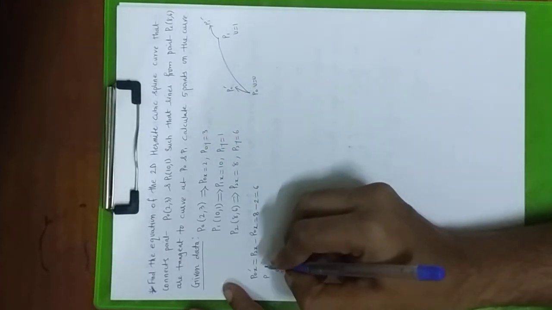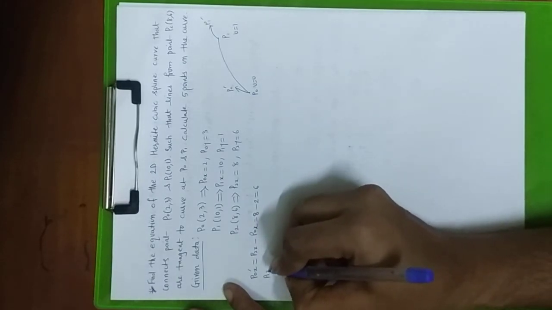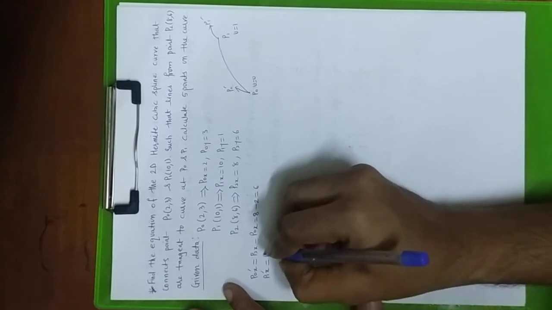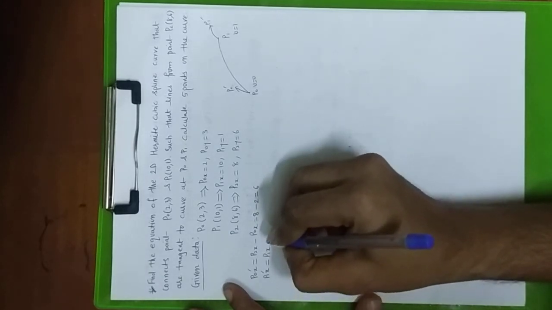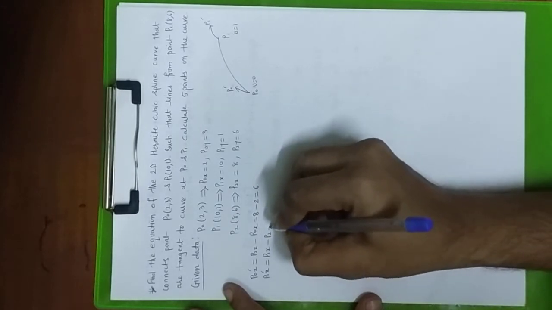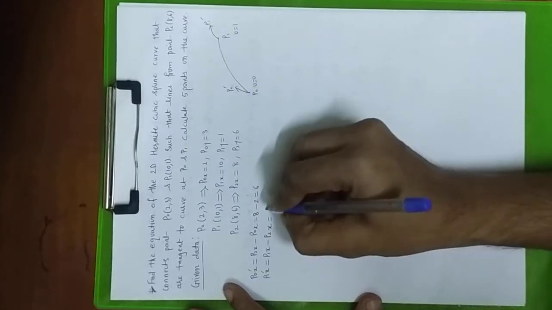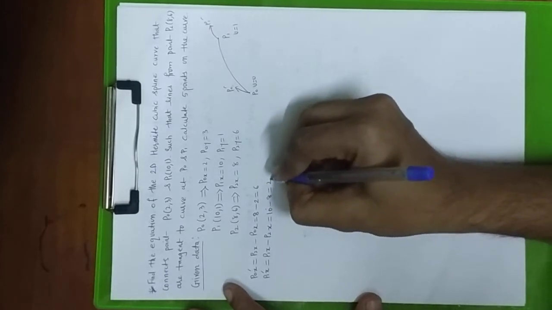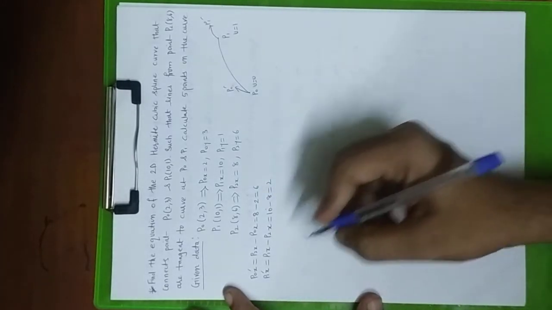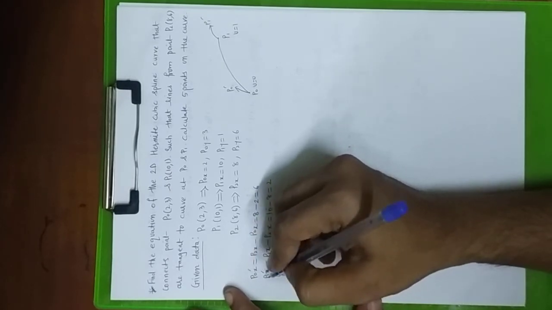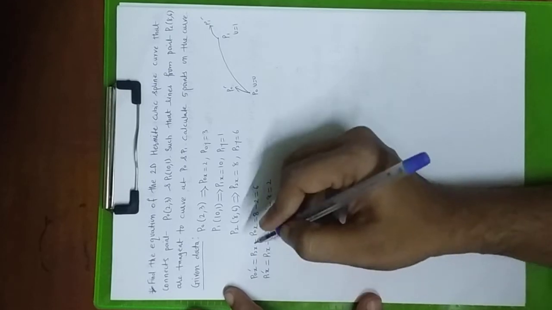Then P1x dash is P1x minus P2x, so that is 10 minus 8 equal to 2. Okay, so this is P0x dash and P1x dash.